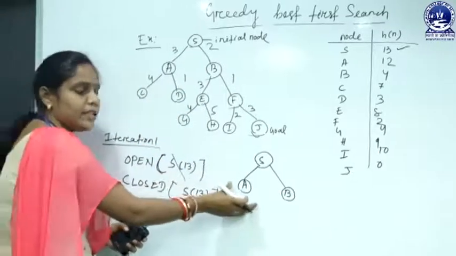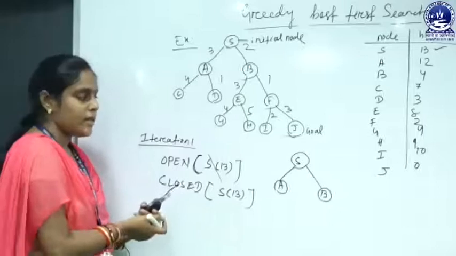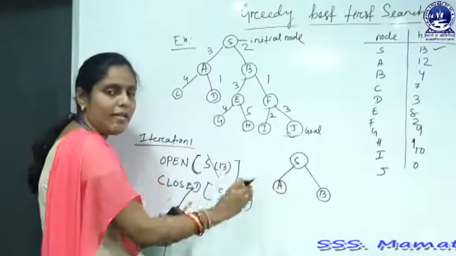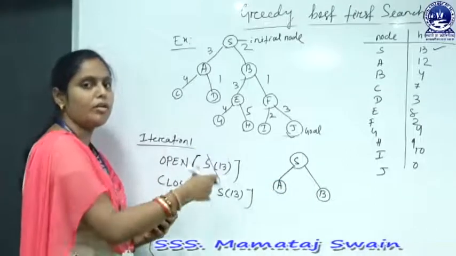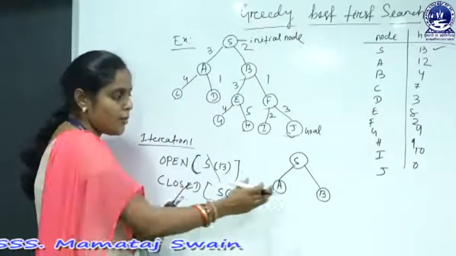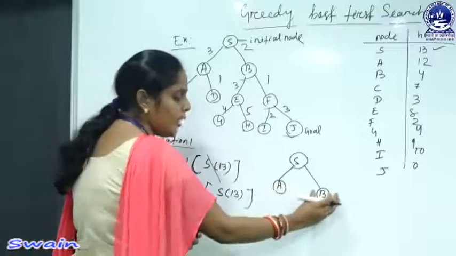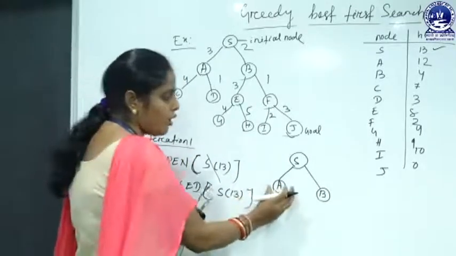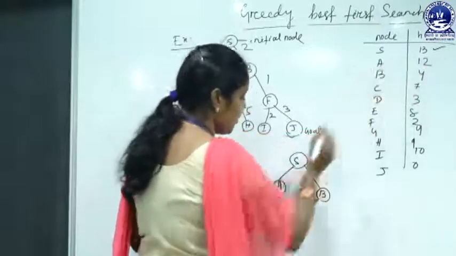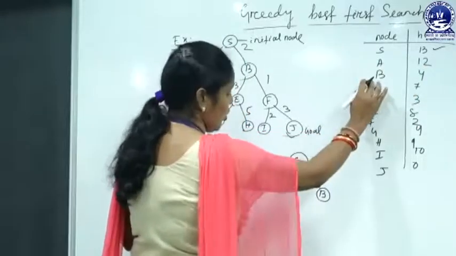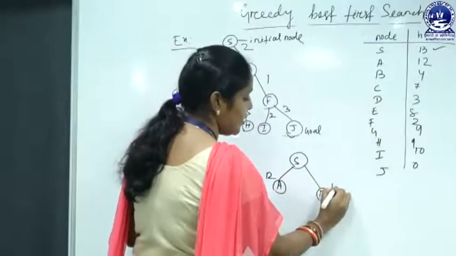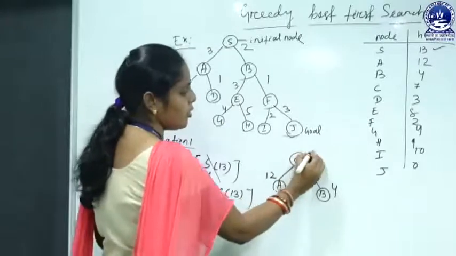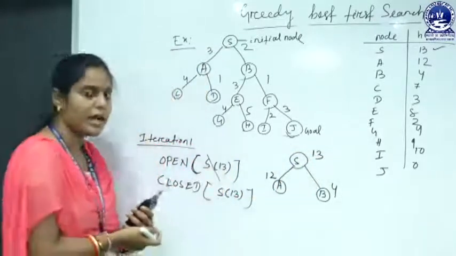After generating the successors of node S, you check the evaluation function. Here our evaluation function is equal to our heuristic function. That means for node A and node B we check the heuristic function value. Now for node A the heuristic function value is 12 and for node B the heuristic function value is 4. And for node S the heuristic value is 13.